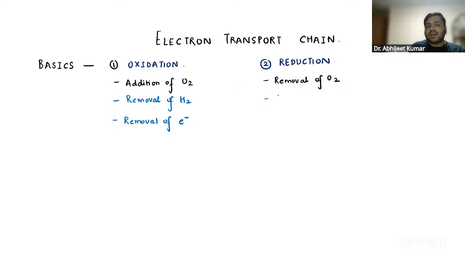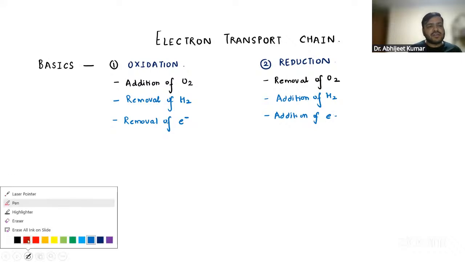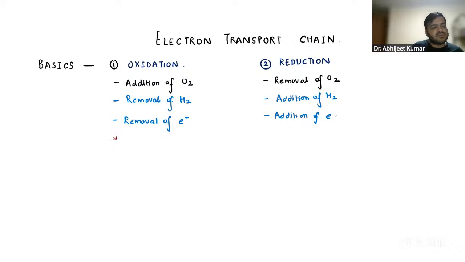Reduction means again addition of hydrogen. It will be the opposite of this. And reduction means addition of electrons, right? Or we can have one more definition over here. Oxidation also means increase in oxidation number.